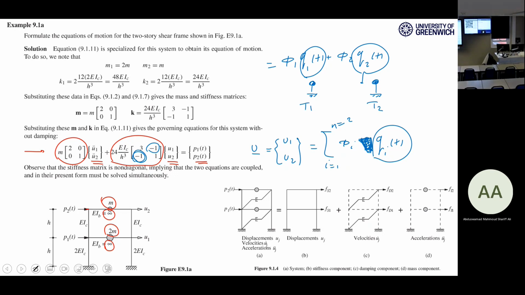That's why I was telling you in past sessions that for a multi-degree of freedom system, we have a set of natural frequencies, not one. For a two-story building, we have two natural frequencies, T1 and T2. For a 10-story building, we have 10 natural frequencies, T1, T2, T3, T4 to Tn.